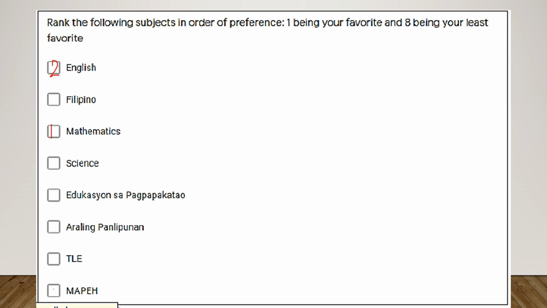Let's say MAPE is 3, then 4, 5, 6, 7, and 8, until you rate them all. This is just an example, okay? And so these are the types of survey statistical instruments. Again, the types of survey statistical instruments are multiple choice, rating scale, Likert scale, and ranking.